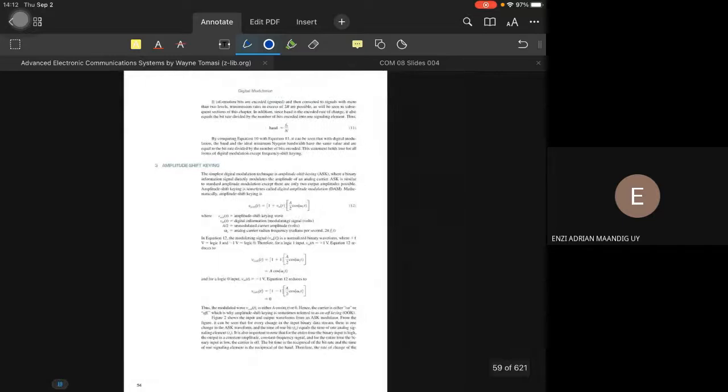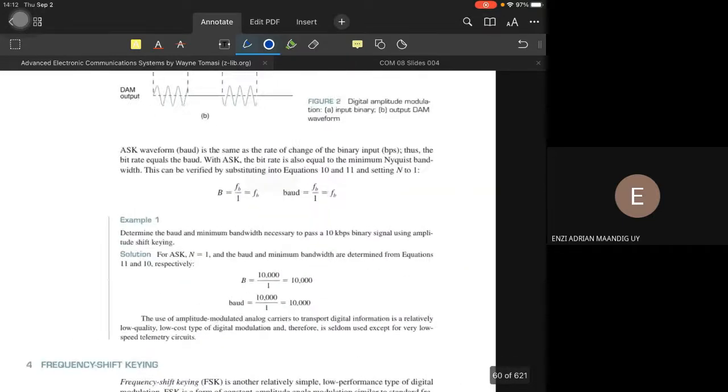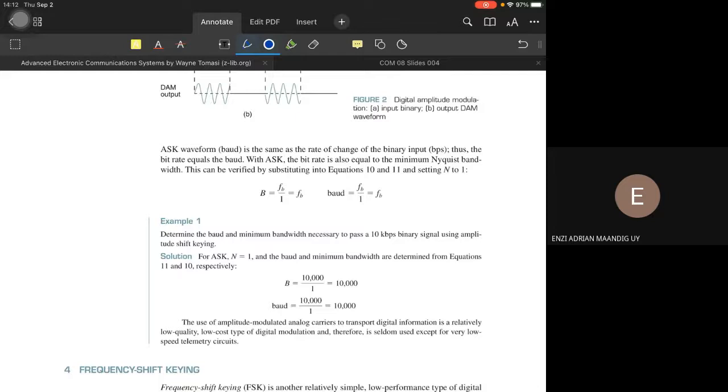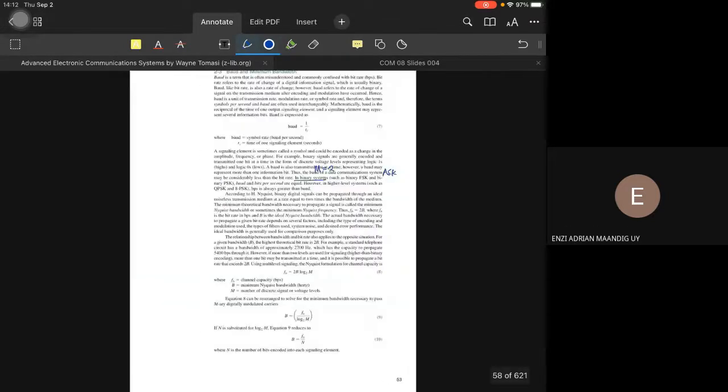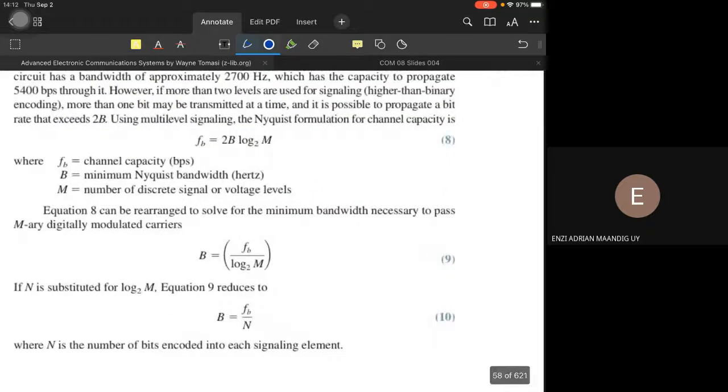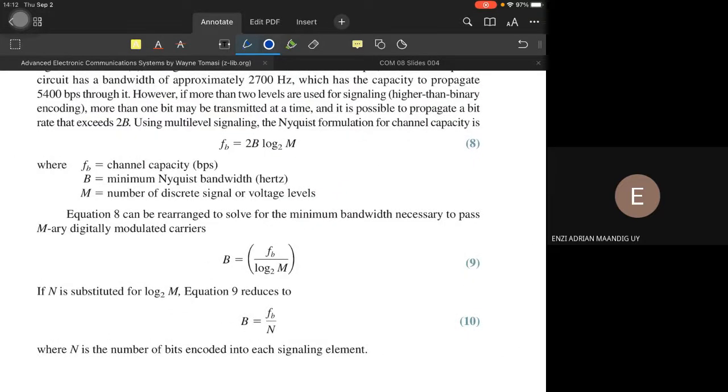I think it's good if we try an example. Equations 10 and 11: if n is substituted, the bandwidth is FB. What is FB? Data rate over n.